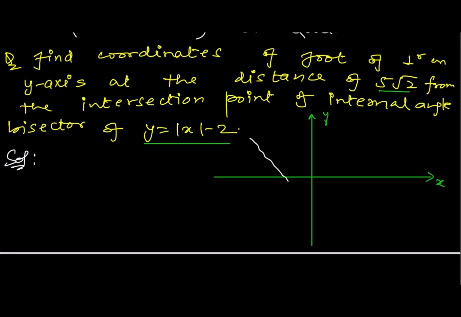So if I draw y is equal to mod x and take this in negative direction of y-axis at 2 unit distance, then you will get y is equal to mod x minus 2. So this is y is equal to mod x minus 2.